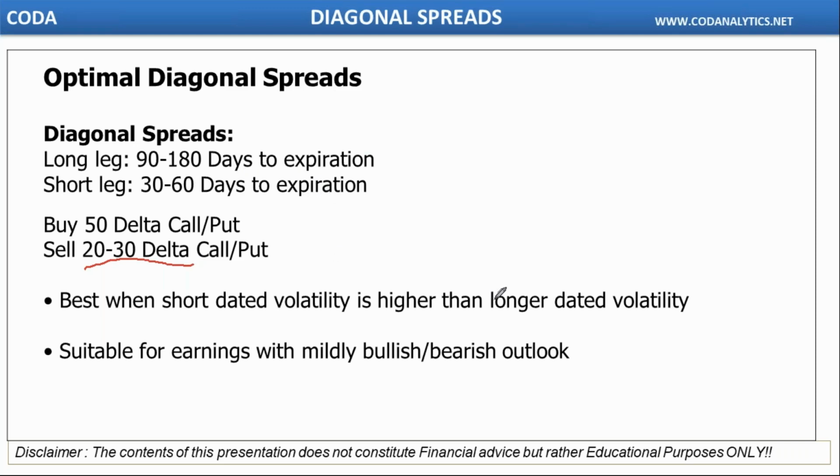The delta has to be 20 to 30 for the diagonal spreads, because remember, for the diagonal spreads, the difference is that we are applying two separate prices for the strike prices, for the buy strike and for the sell strike. That's why you're having a varying delta for the sell side. But for the calendar spread, since you're having the same strike price, both of them consider a delta of 50, both for the buy and also for the sell. But you're going to see a comparison shortly.